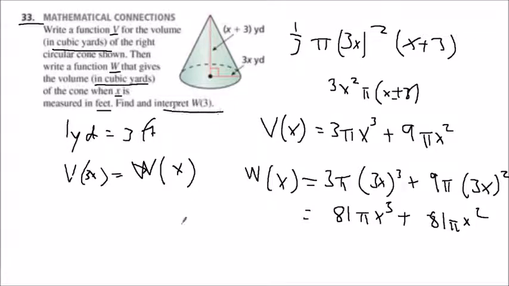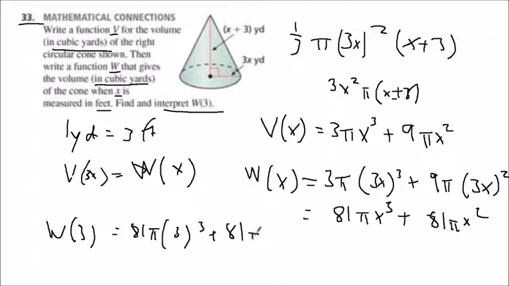Find and interpret w of 3. W of 3 is just, you plug that in, so 81 pi 3 cubed plus 81 pi 3 squared. 81 pi 3 cubed is 2,187, and then 81 pi 3 squared is 729.